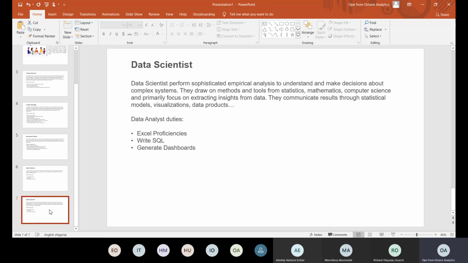All of these are very important for managing a successful project. You must be able to manage your key stakeholders, your project sponsors. You must also ensure collaboration within your project team members to have a successful analytics project. Thank you.